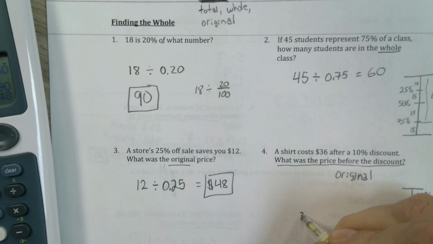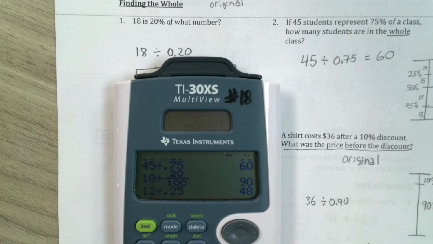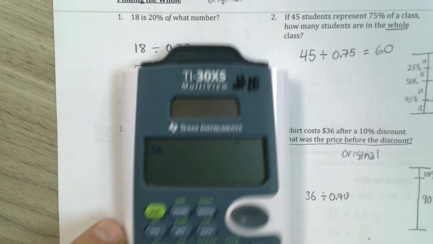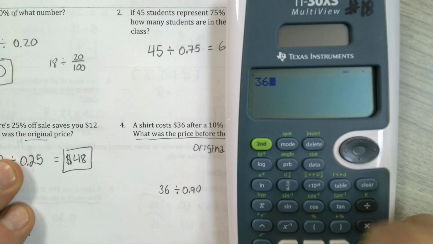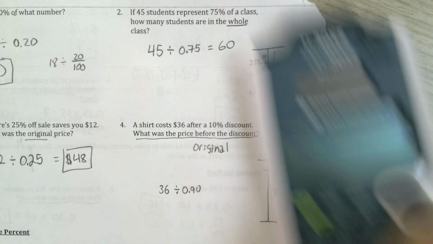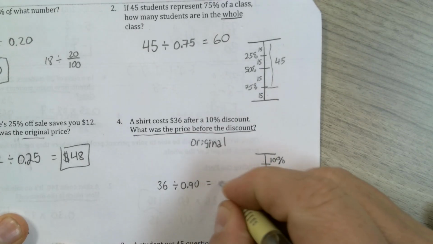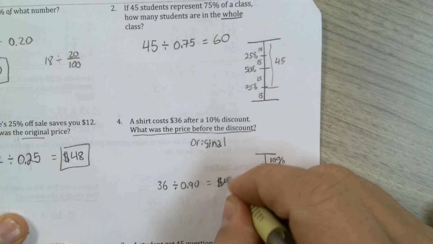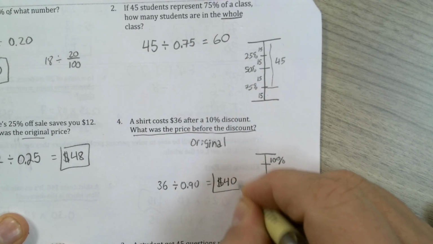So you're actually going to take 36 and you're going to divide it by 0.90. And that will give you the original value. 36 divided by 0.90 is 40. So the original cost of the shirt is $40.